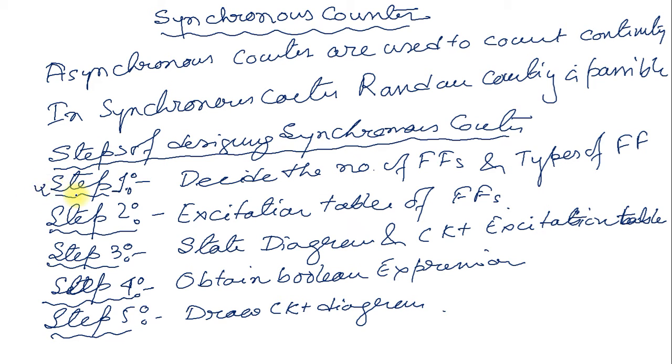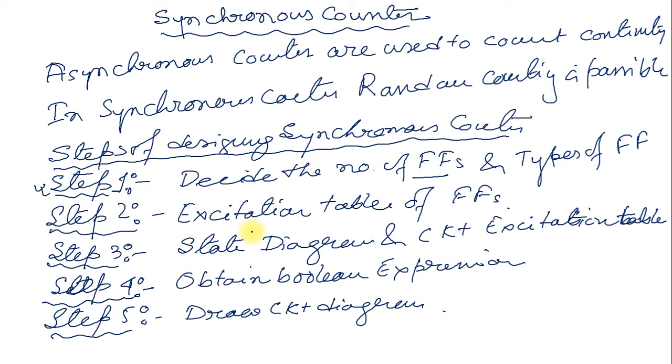The second step is the excitation table of the flip-flop that we have chosen for designing the synchronous counter. We require the excitation table for this flip-flop. Next, for the counting sequence, the state diagram of the counting sequence is essential.